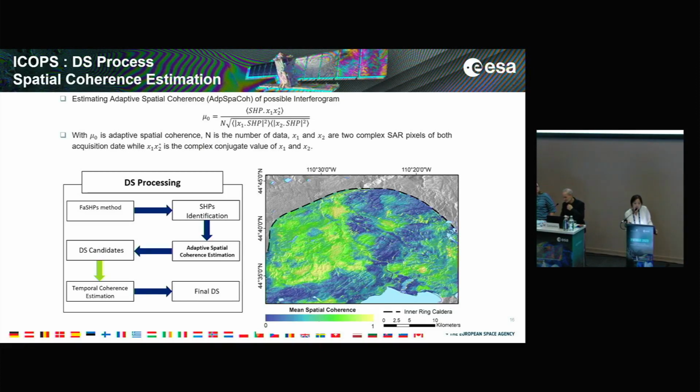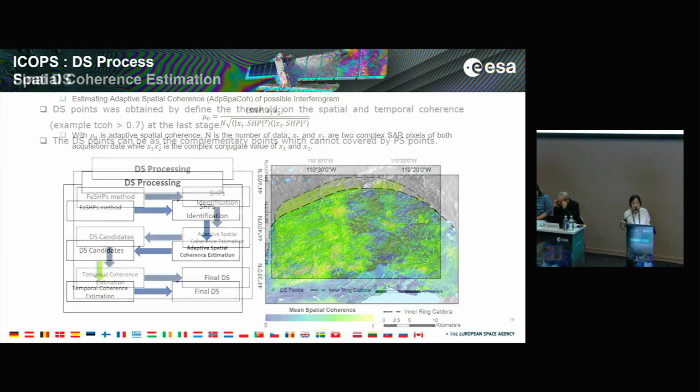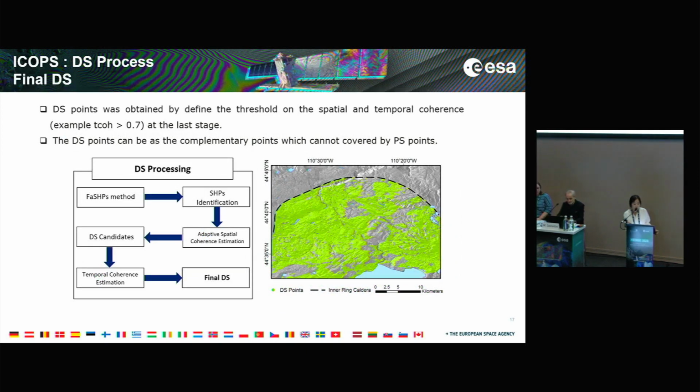Then we estimate the additive spatial coherence of possible interferograms. Then DS points are obtained by defining the threshold on the spatial and temporal coherence at the last stage.